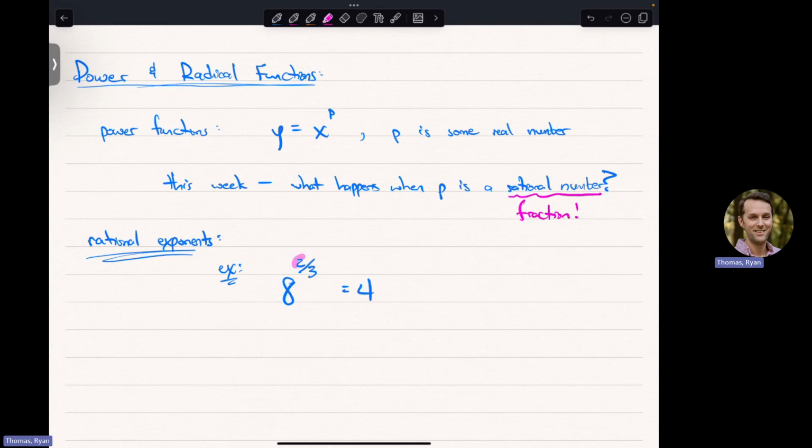What a fractional exponent like this tells us is two things. There's a numerator and a denominator, as with any fraction. And as usual with fractions, one way to think about what the denominator tells you is what kind of thing it is. If you think about slices of cake, thirds means take one whole thing and cut it into 3 equal pieces.